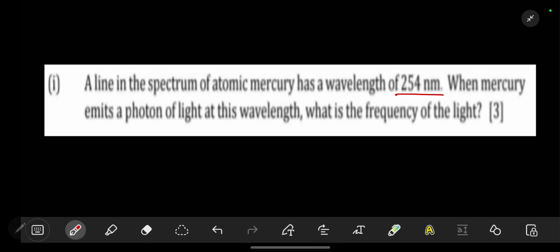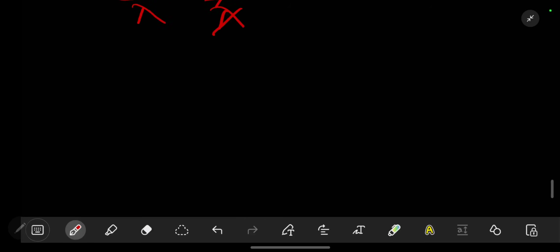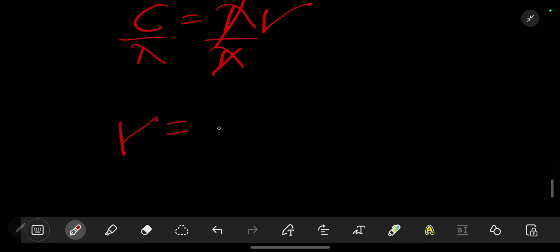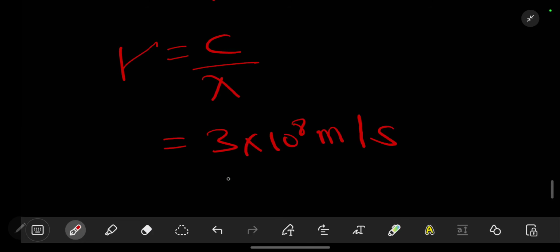Using the same simple formula, the speed of light is equal to the product of the wavelength and the frequency, so the frequency is equal to the speed of light over the wavelength. The speed of light is 3 times 10 to the power 8 meters per second, so the wavelength has to be in meters.